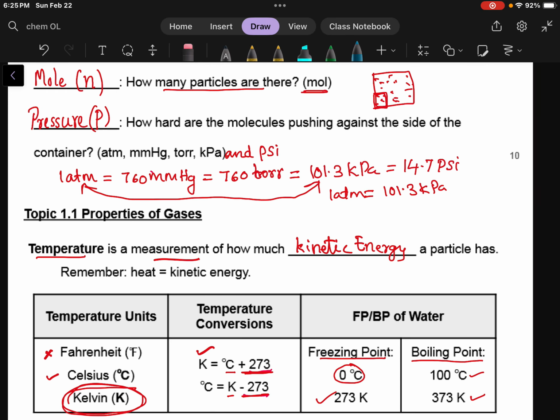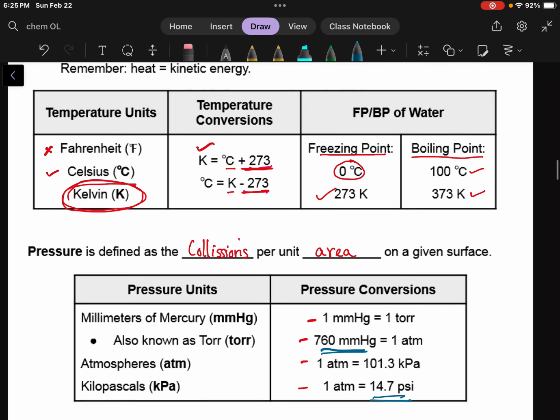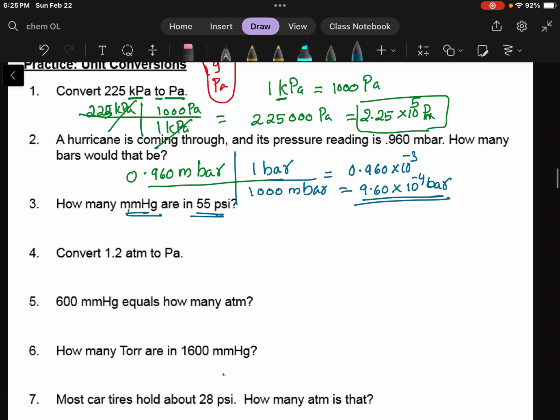I wrote some area here. So millimeter of mercury here and PSI here. So that's a conversion factor we are going to use: 760 millimeter of mercury will be equal to 14.7 psi.